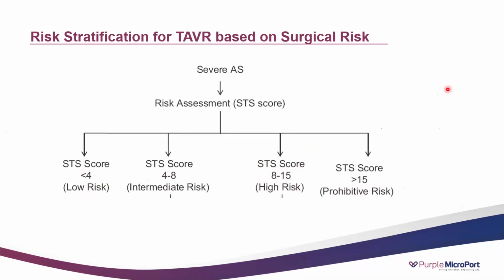So we have included all high risk patients who were at risk for a surgical procedure. That ensures your device has performed well in a high risk population. That is the risk stratification chart, called the STS score. There is also an online STS score. You can put in all the patient details and automatically get the score as per the American Heart Association.